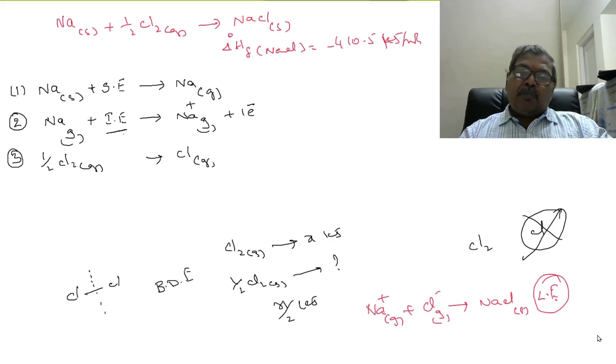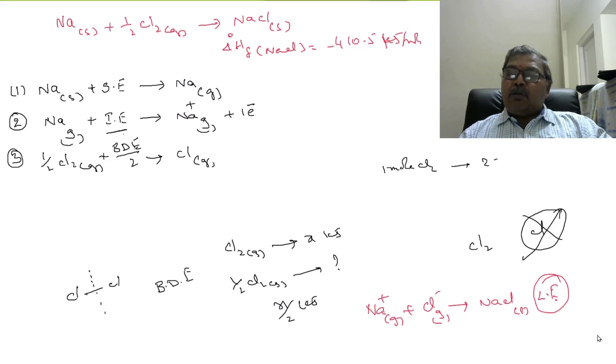Similarly, here I am using BDE by 2. What is meant by BDE by 2? Half of the bond dissociation energy. So we require 1 mole chlorine atoms. That is why I used half mole chlorine. If you use 1 mole chlorine, then you will get 2 mole chlorine atoms. So if you use half mole chlorine, you will get 1 mole chlorine atoms.